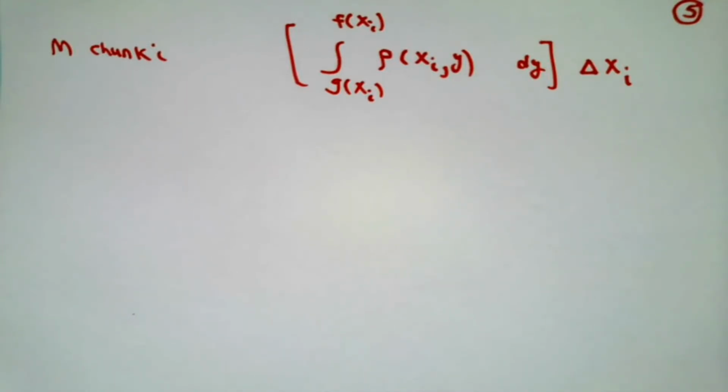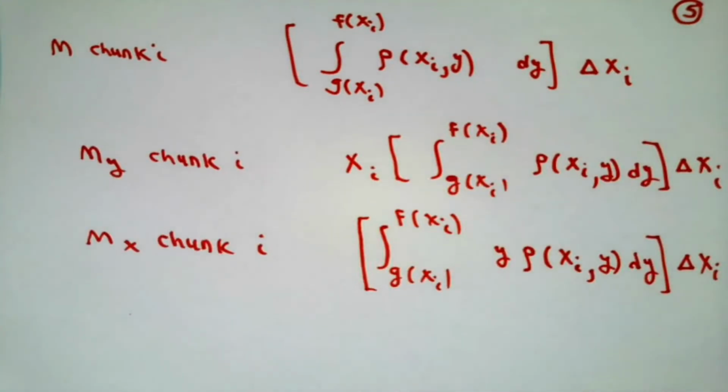The two moments are exactly the same thing, except they have extra factors put in. When you do a definite integral, the variable of integration doesn't show up in the answer. So despite appearances, that doesn't actually have any y in it. It has xi in it. It has g of xi and f of xi, but there are no variables y in that.